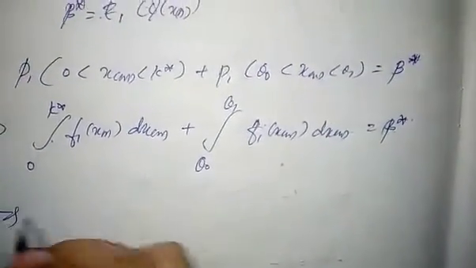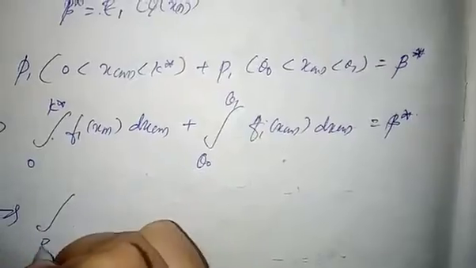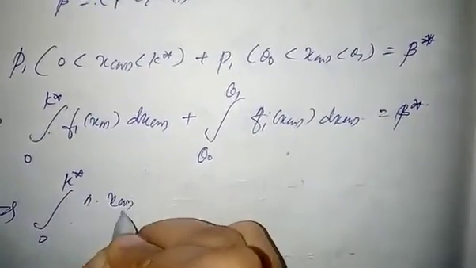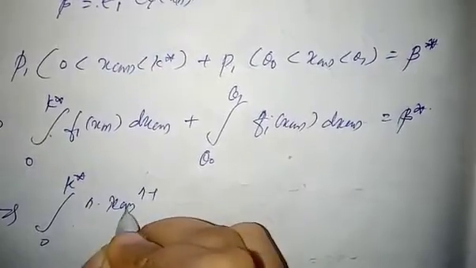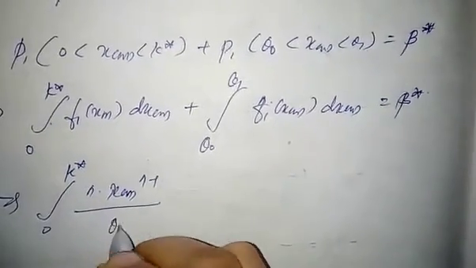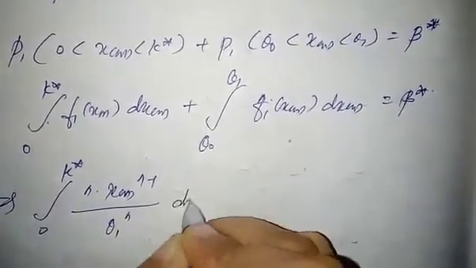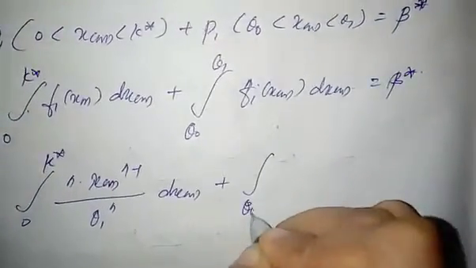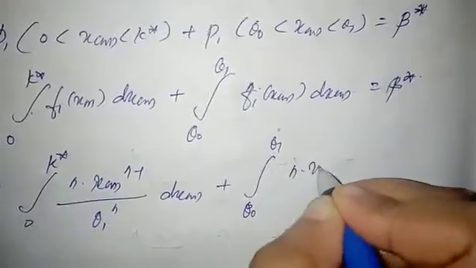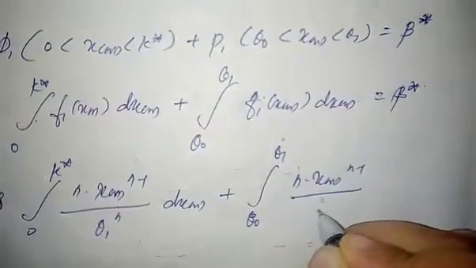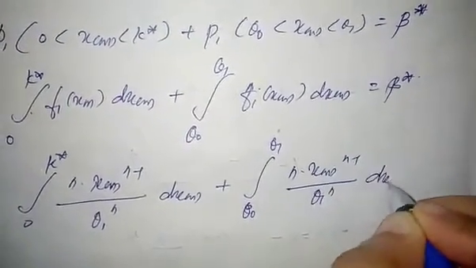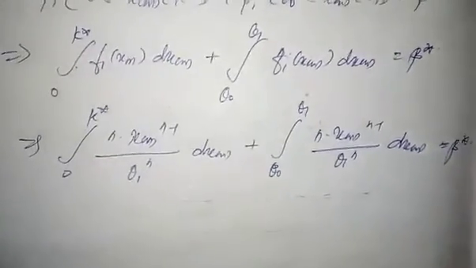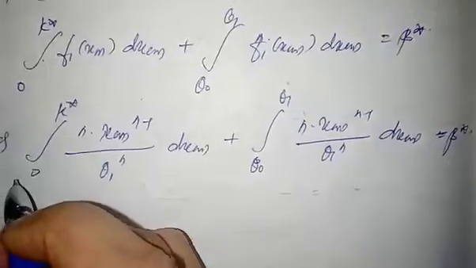the density of the nth order statistic, that is the integral from 0 to k star of n into xn power n minus 1 divided by theta 1 power n dxn, plus the integral from theta naught to theta 1 of n into xn power n minus 1 divided by theta 1 power n dxn, equal to beta star, right?